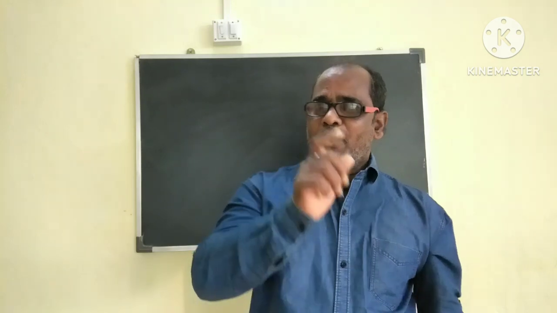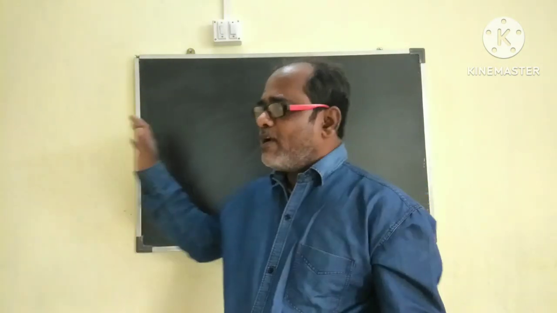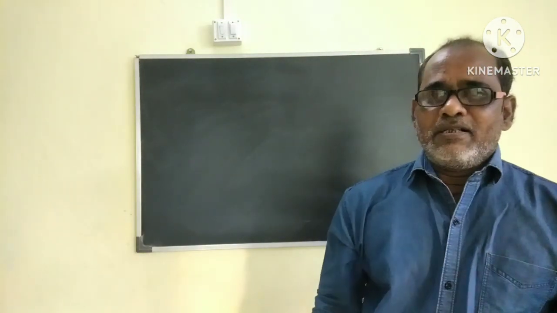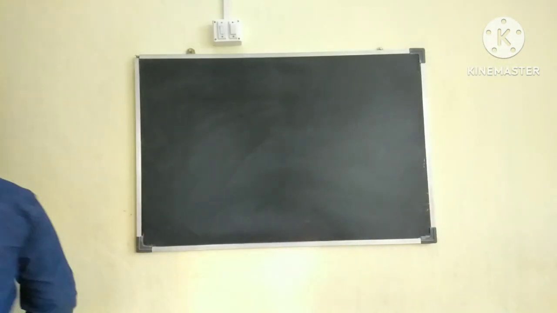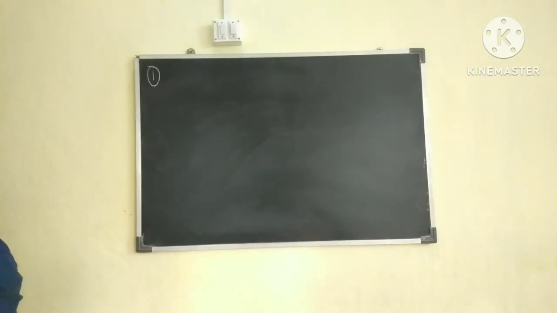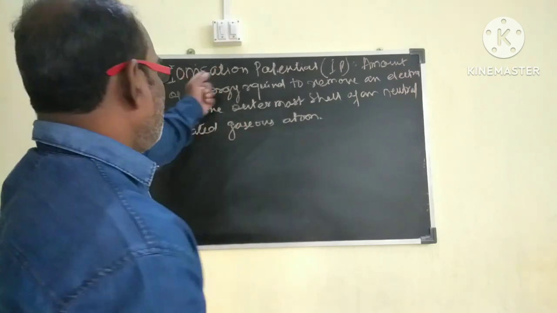So the very first property is ionization potential. I am going to write down the definition over here, and all the definitions with how they are changing I am going to make you understand. The very first one is ionization potential.